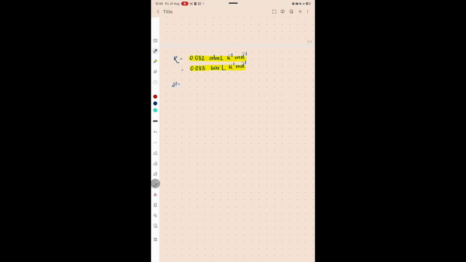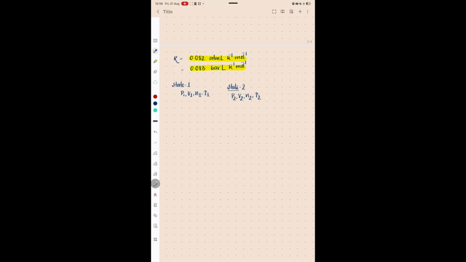State one is defined by P1 pressure, V1 volume, N1 moles, and T1 temperature. And state 2 is defined by P2 pressure, V2 volume, N2 moles, and T2 temperature.